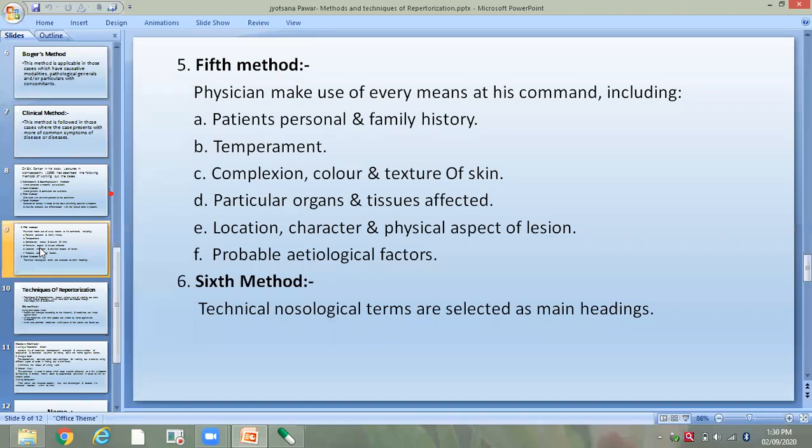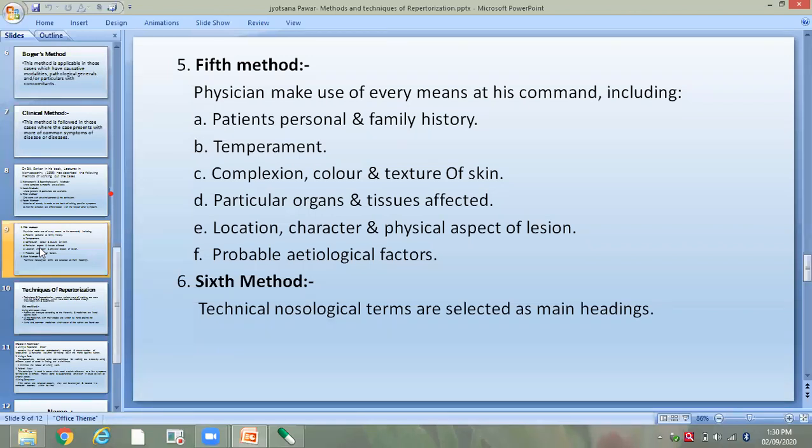Then what should we do when we get all common symptoms? We cannot get proper mental symptoms, proper physical general symptoms, or physical characteristic particular symptoms.